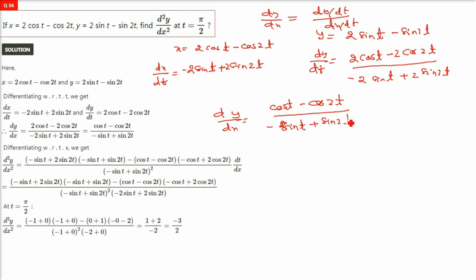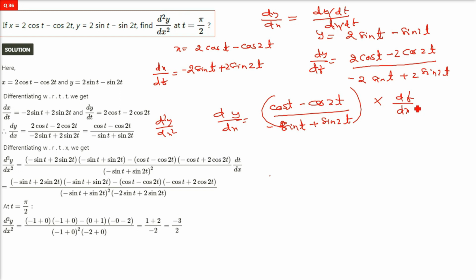So this seems to be bigger, but you have to do normal d2y by dx2. You can use the quotient rule, but only one thing you have to remember: because everything is t on the right hand side, whenever you differentiate, you have to introduce dt by dx, because you are differentiating with respect to x and there is only t on the right hand side. So once you differentiate this content inside the brackets, you have to introduce dt by dx also.